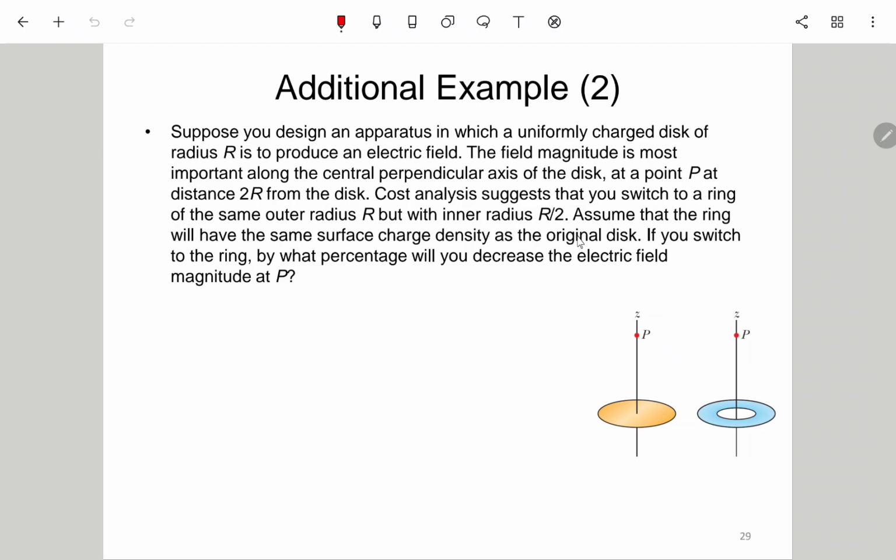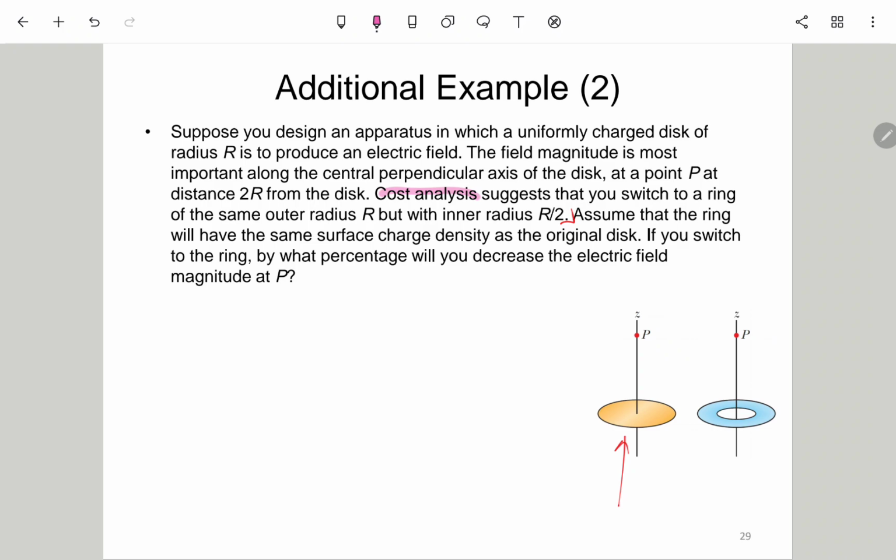Okay, so it means that originally we have a disk with a uniform charge density, and then here it asks, due to some reason we need to reduce the cost. Because the material itself, the conductor, costs you money.